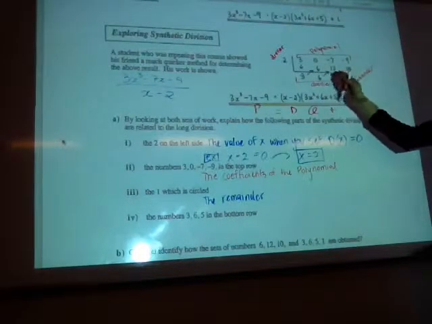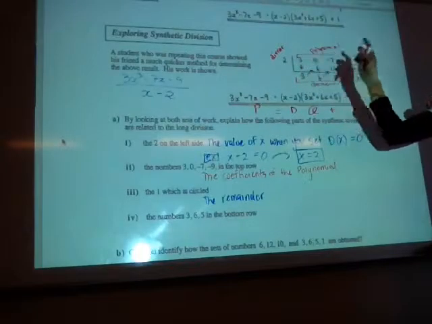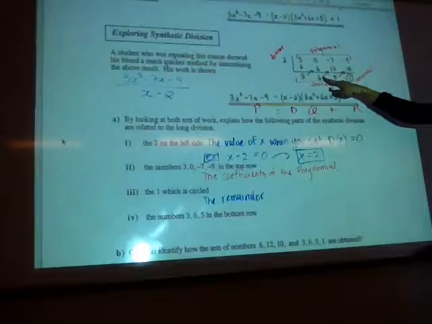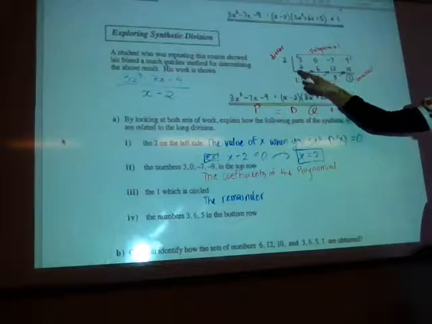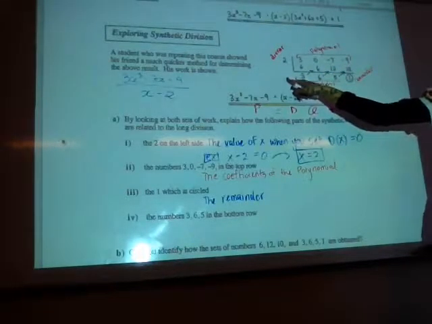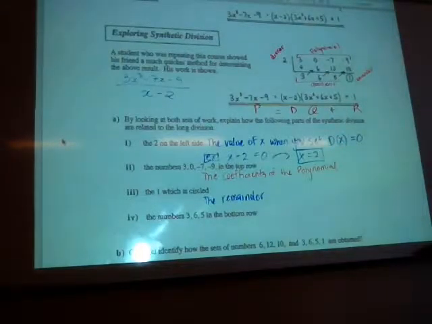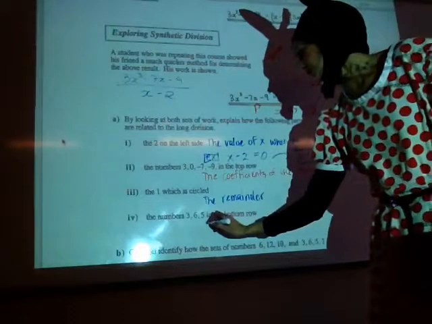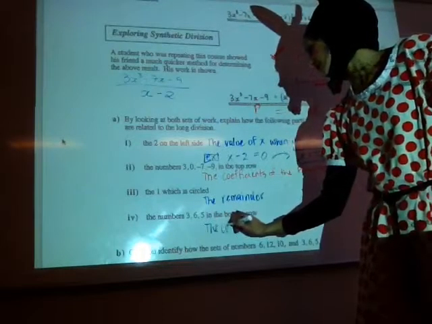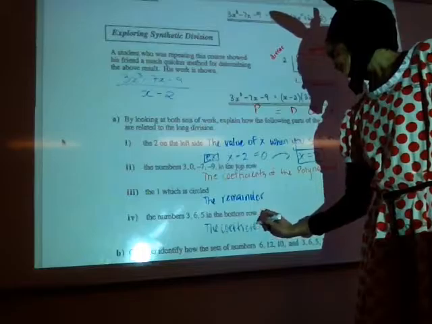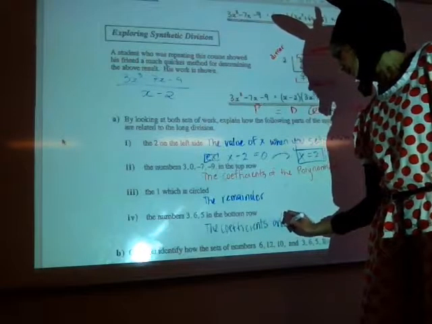As you move to the left, the power on the x variable increases by 1. So we have x to the power of 0, x to the power of 1, x to the power of 2, x to the power of 3, they would just keep going. So the numbers 3, 6, 5 represent the coefficients on the quotient.